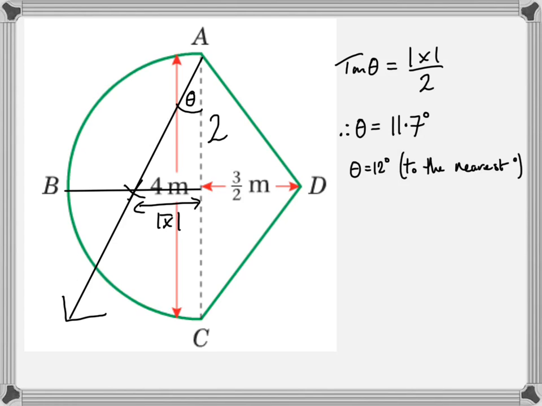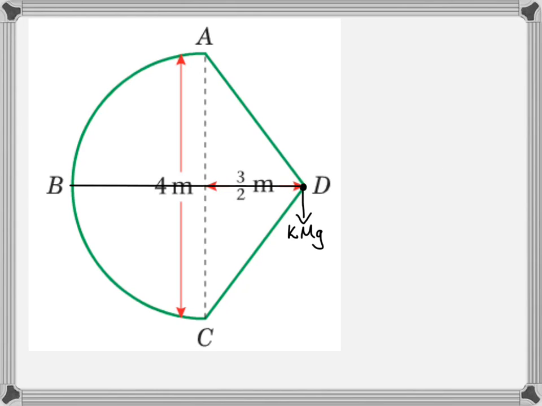And then for the final part of this question, we're told that now a mass is suspended from D of kmg, and such that BD is now going to be horizontal, as shown. So this is really just an M1 question about taking moments.